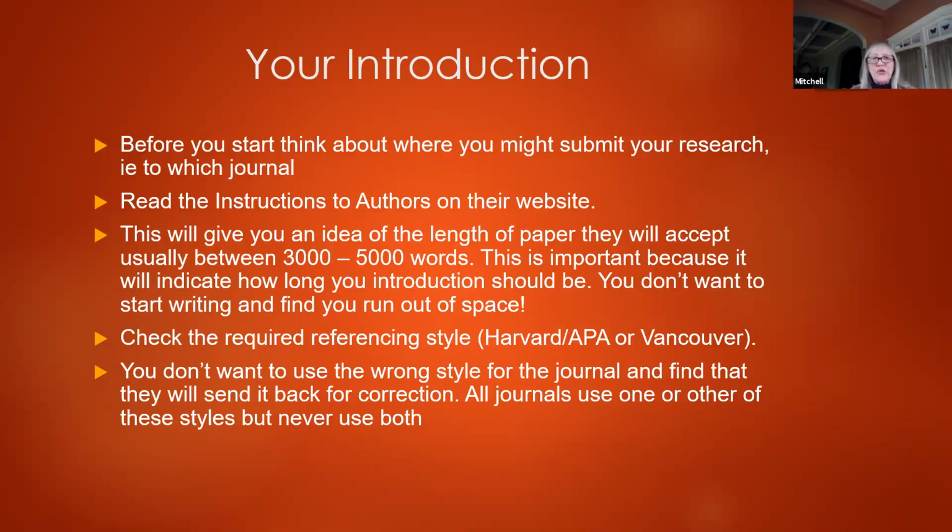You don't want to use the wrong style for the journal and find out that we'll send it back to you. That is a very common reason for our journal to return manuscripts even before we send them out to review, because we're not going to send a paper out to review if it hasn't followed our author guidelines.